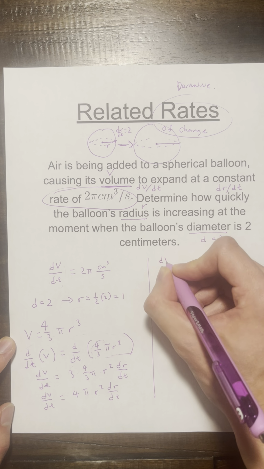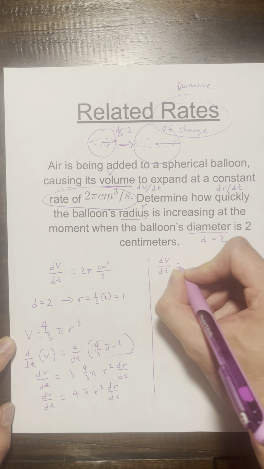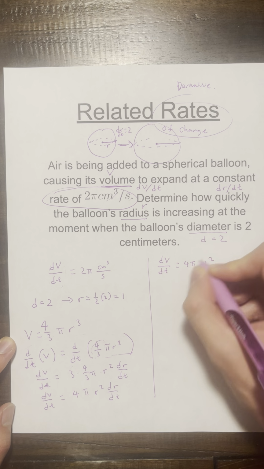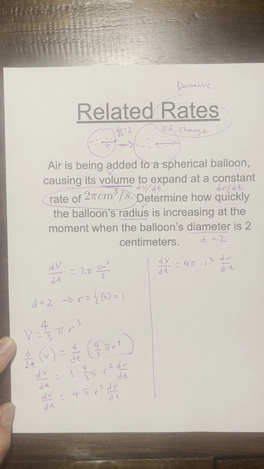So dV/dt is equal to 4 pi times 1 squared times dr/dt.